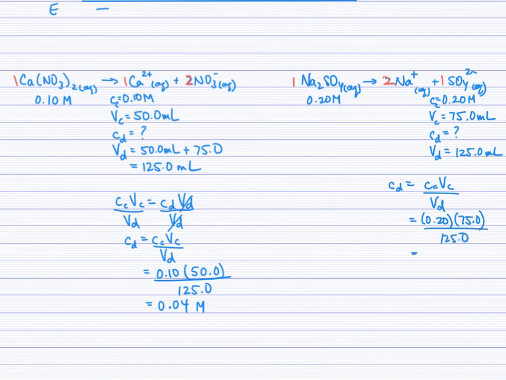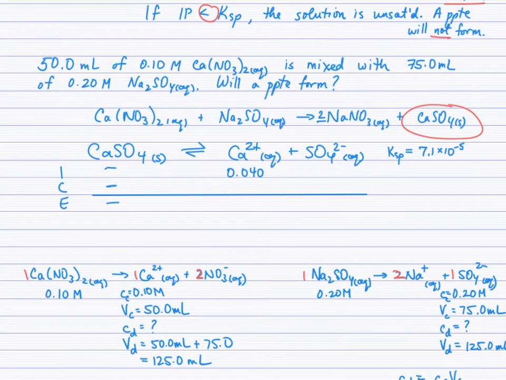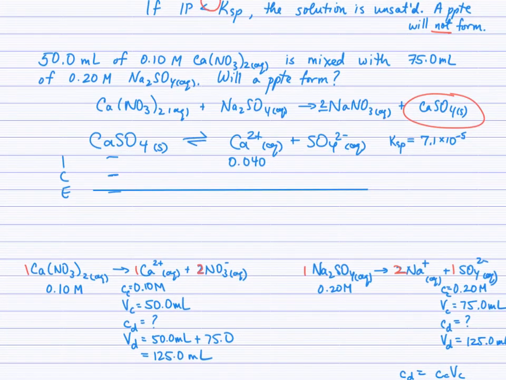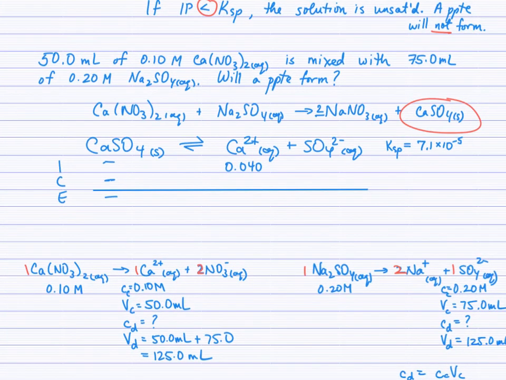And so we do 0.20 times the 75 divided by the 125, which gives us 0.12 moles per liter. So that is now the initial concentration of the sulfate ion. So I come here to the 0.12 moles per liter.